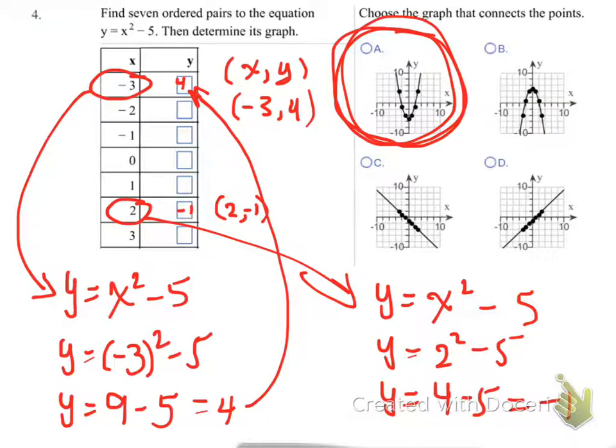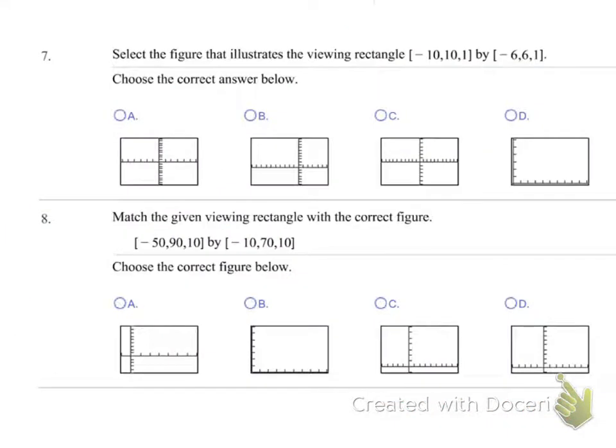Now, the author doesn't want us to use this technique. The author wants us to plot these points and then get the graph. But I kind of jumped ahead. In here, the problem's asking us to choose the figure that illustrates the viewing window the best.